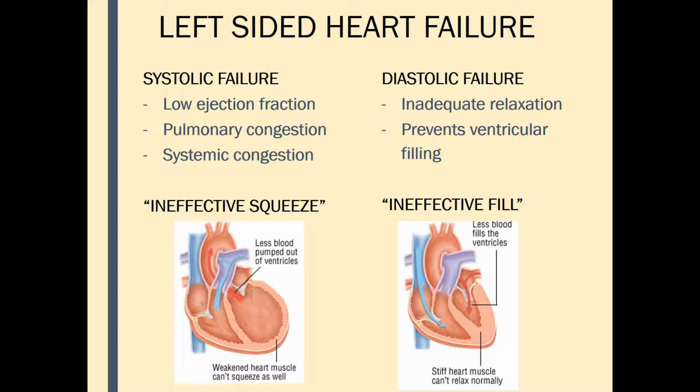So the manifestations of left-sided heart failure result from pulmonary congestion, these backward effects, or from decreased cardiac output, the forward effects. Additionally, because of the subsequent increased pressure in the pulmonary system, which backs up to the right side of the heart, left-sided heart failure often results in right-sided heart failure.